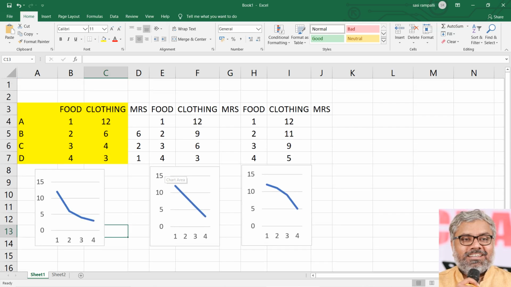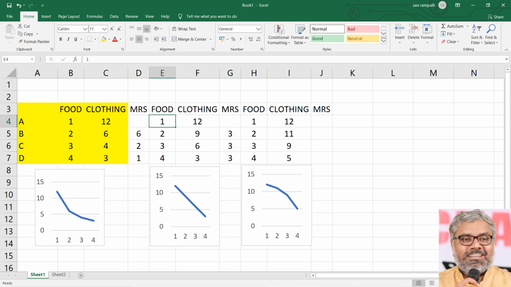Now the question is, sir, what if the marginal rate of substitution is constant, like in this case? For example, here the marginal rate of substitution in the second case is 3, 3 and 3. It means it is not diminishing, it is not increasing, it is constant. Why?